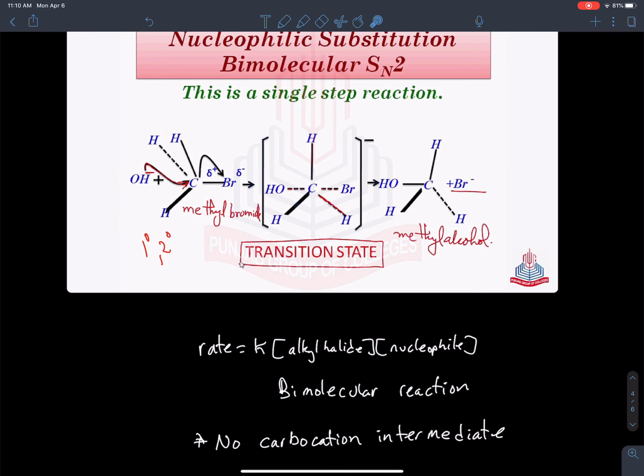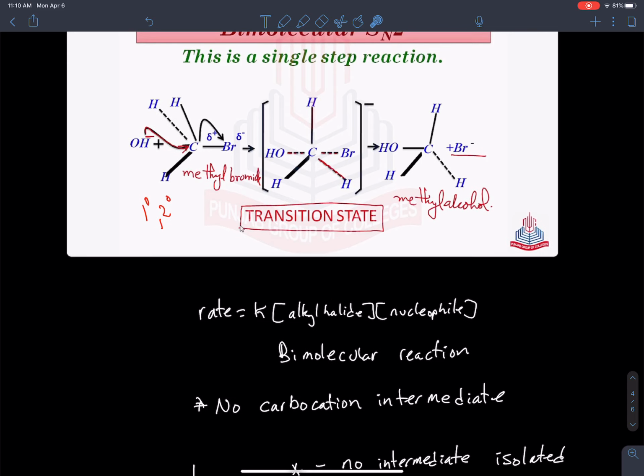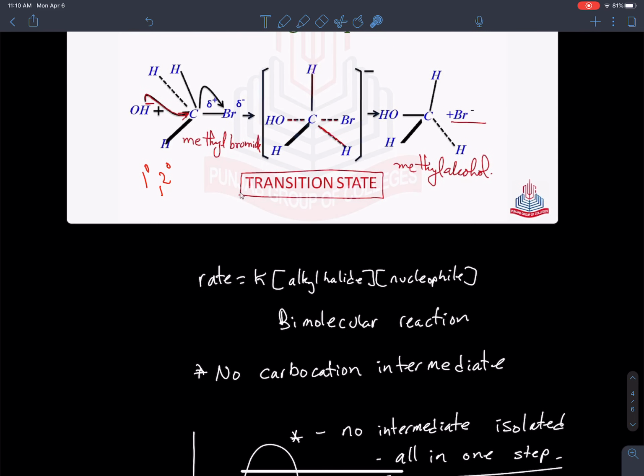So in SN2 reactions, because we're making this interesting backside attack and knocking it out, it's kind of like a chain reaction. The rate is dependent on both the concentration of my alkyl halide here and my nucleophile. So if I change the concentration of the nucleophile, the rate's going to go up. If I change the concentration of the alkyl halide, it's going to go up. And that's called a bimolecular reaction. The important part of that is we don't have any carbocation intermediate.